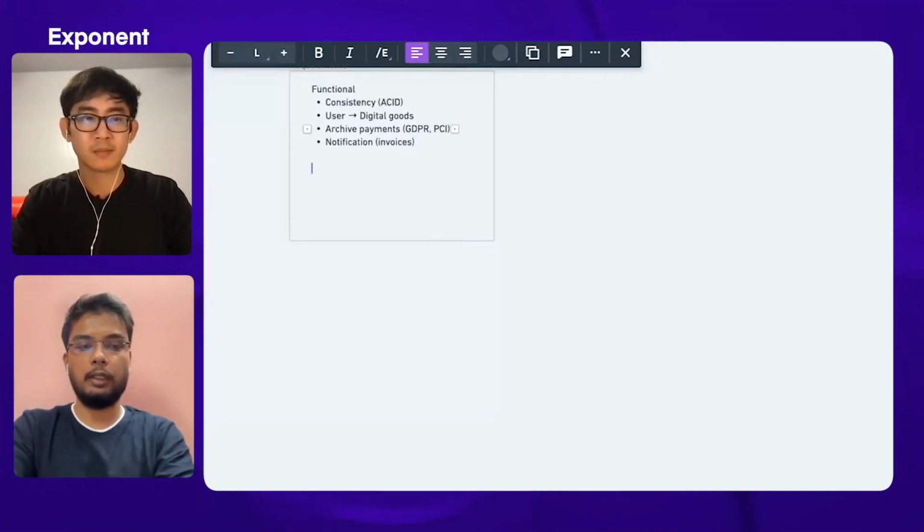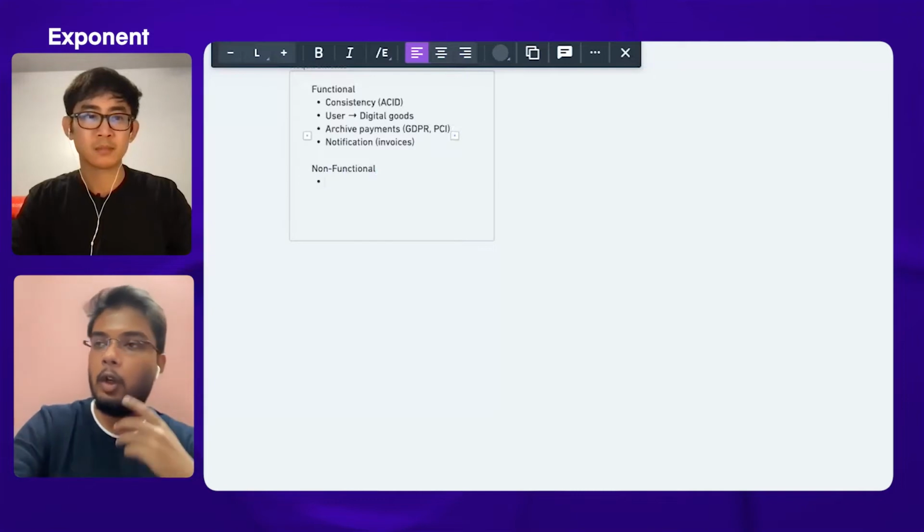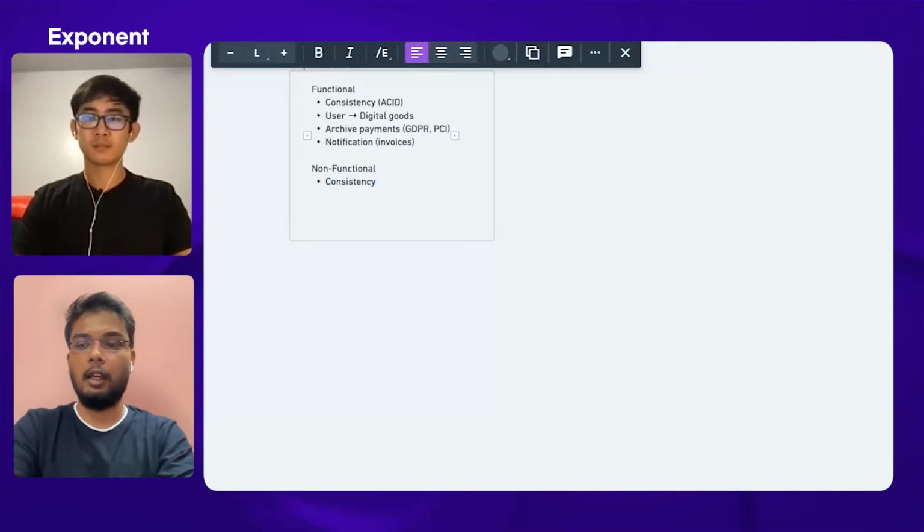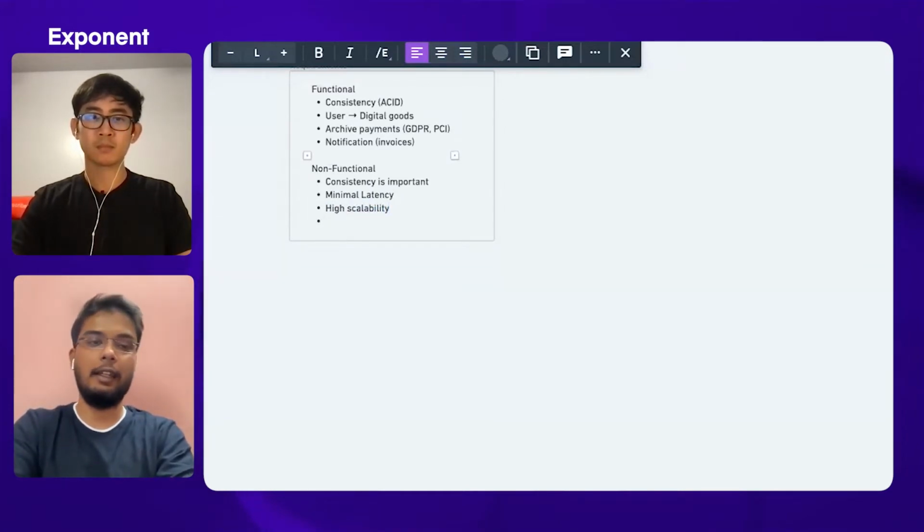So I also want to discuss some non-functional requirements. For non-functional, again, we have the classic consistency is important. And then we have minimal latency, high scalability, the usual scalability and availability.